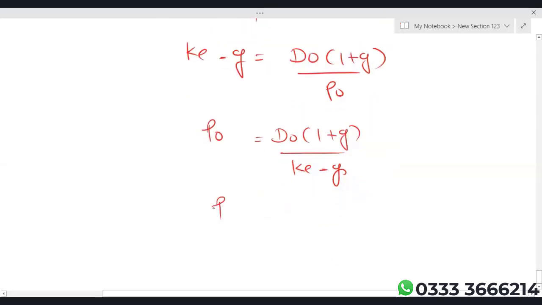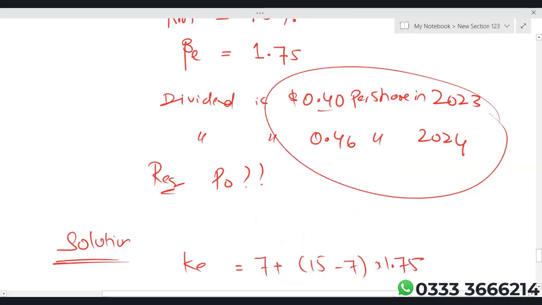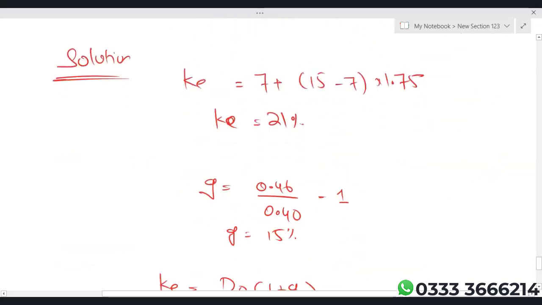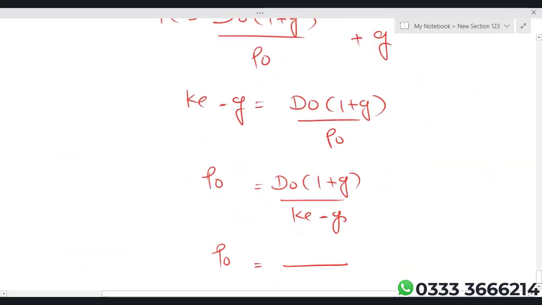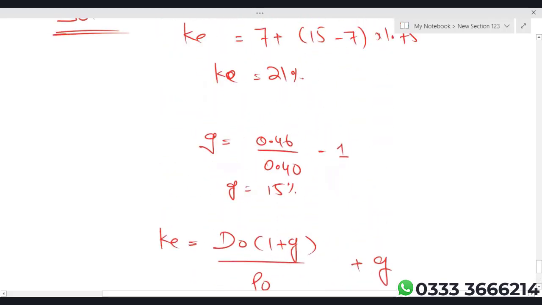Now the subject is P naught. The current dividend is 0.46. Growth rate we have calculated 15%. K we have calculated 21.